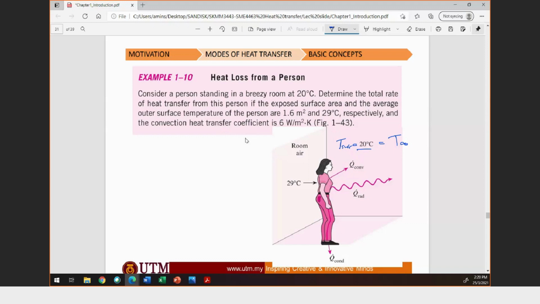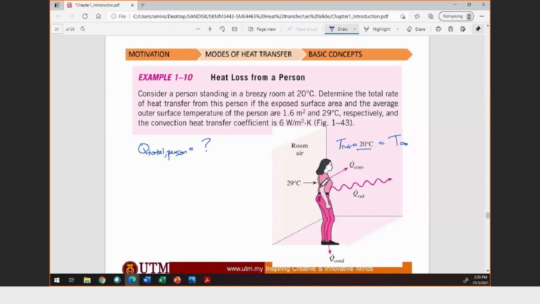Determine the total rate of heat transfer from this person if the exposed surface area and the average surface temperature of the person are 1.6 meters squared and 29 degrees Celsius. Meaning you need to find Q total of this person, how much heat is produced by a person exposed to a surrounding temperature of 20 degrees Celsius.